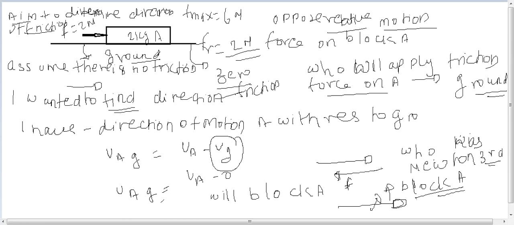Then determine on which block you want to find the direction of friction, and find who is going to apply that friction force on that block. After that, determine the direction of relative motion; just opposite to this direction will be the direction of friction force.